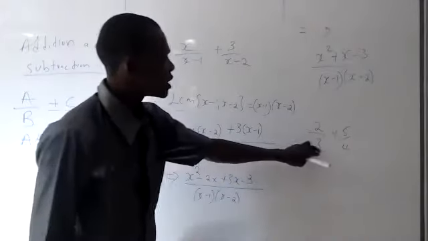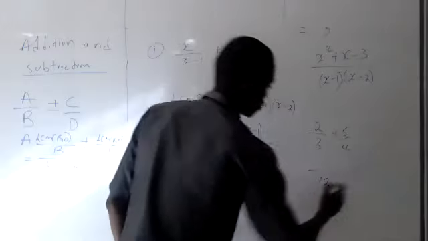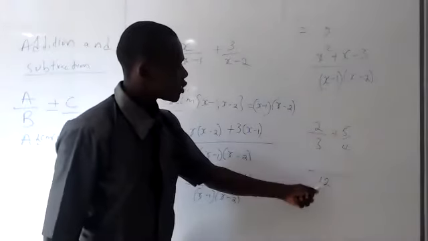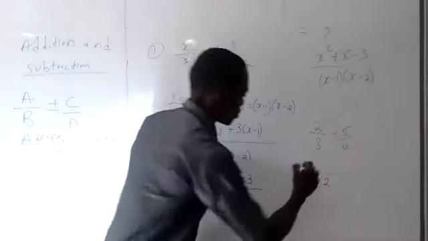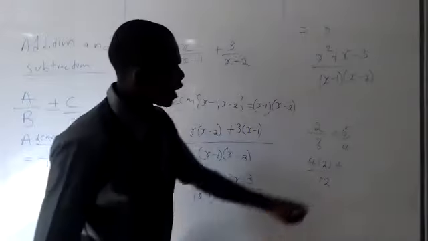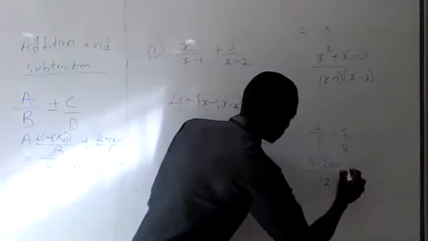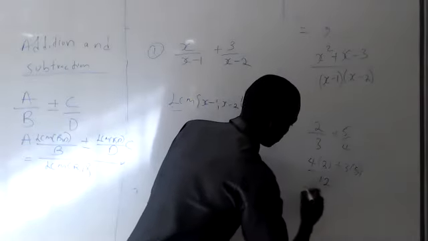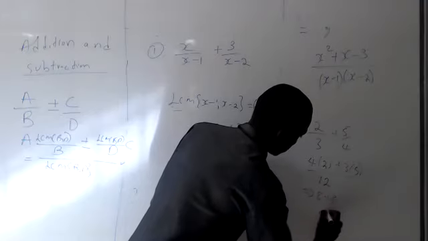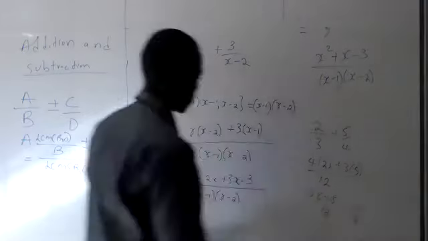First of all, find the LCM of 3 and 4, which happens to be 12. How many times will 3 divide 12? It's 4. So 4 times 2, plus, how many times will 4 divide 12? 3. So you take 3 times 5. And then you get 8 plus 15 divided by 12, and that gives you 23 divided by 12.